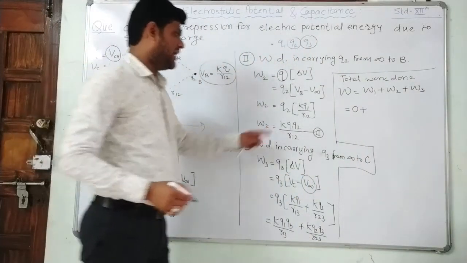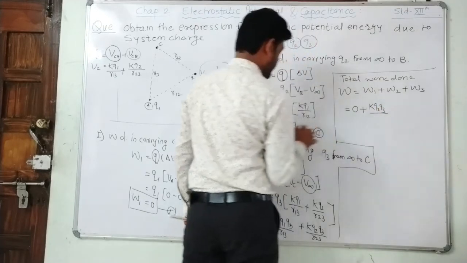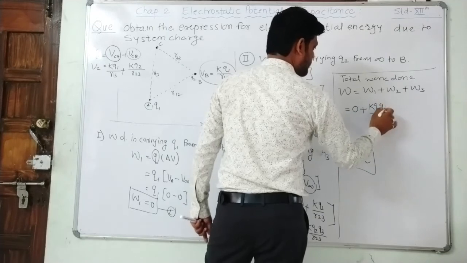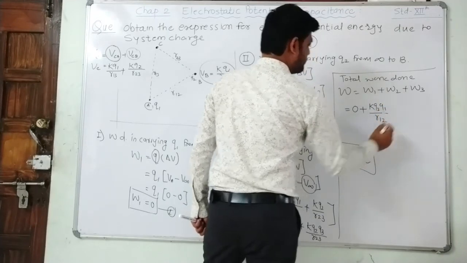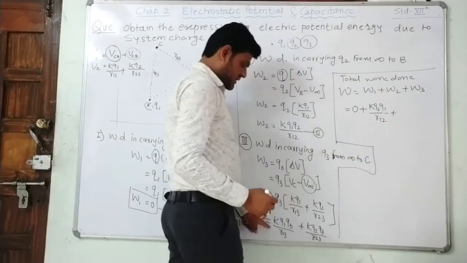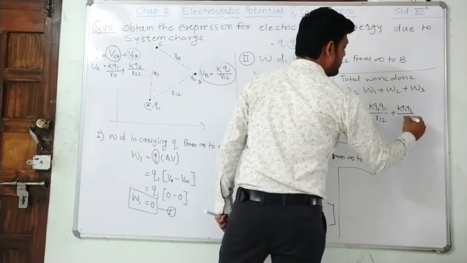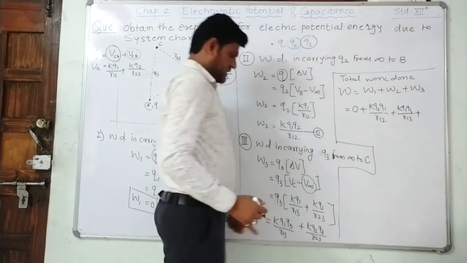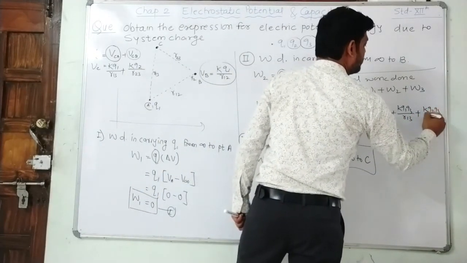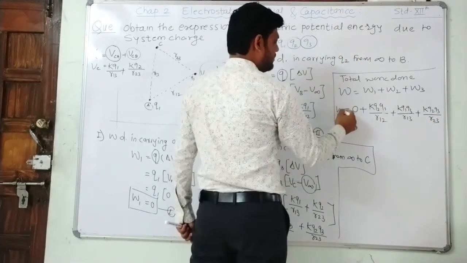W2 equal to K Q1 Q2 divided by R12. What is W3? W3 is K Q1 Q3 divided by R13 plus K Q2 Q3 divided by R23. So this is the total work done.